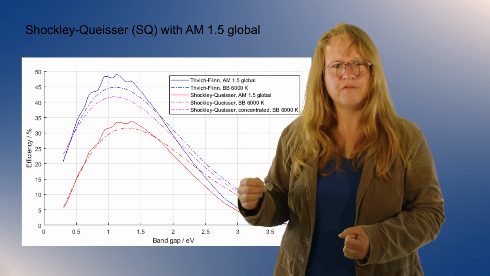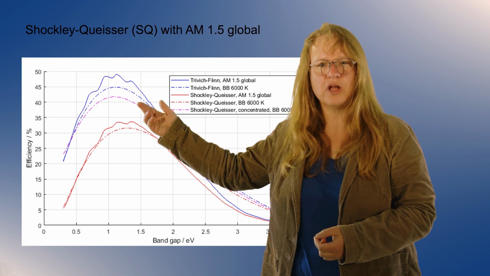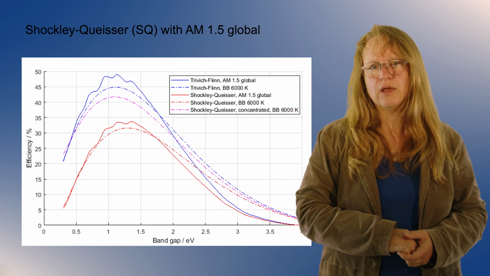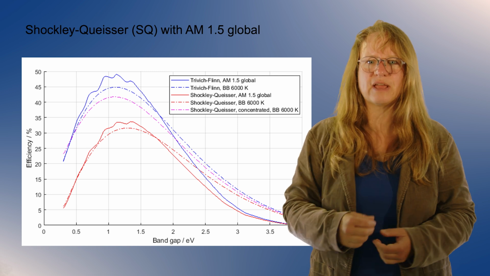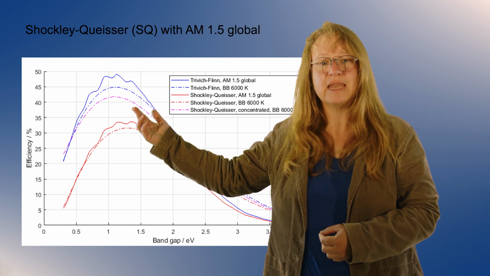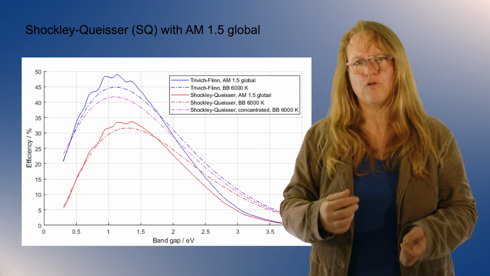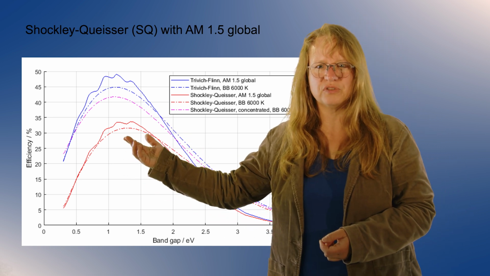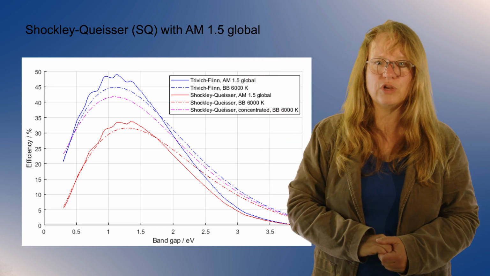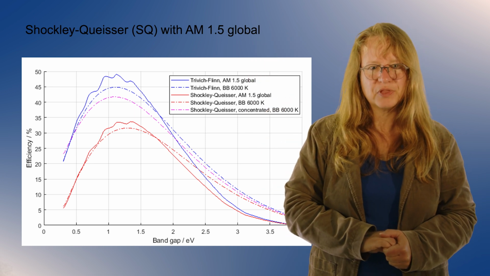And finally, I added into this graph here the concentrated Shockley and Queisser limit for a black body radiation of 6000 Kelvin. So this means again this magenta colored curve here is for a factor F of 1, while this here is considering the correction factor due to the sun covering only a certain solid angle.